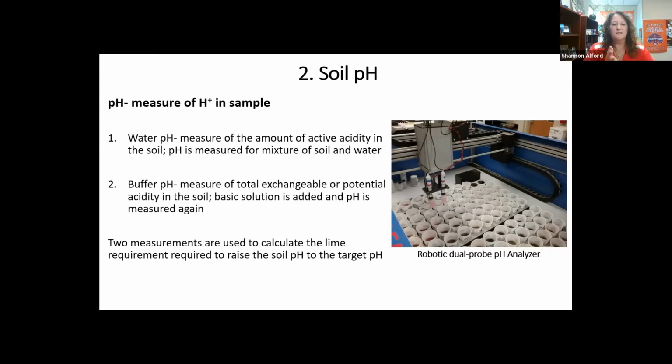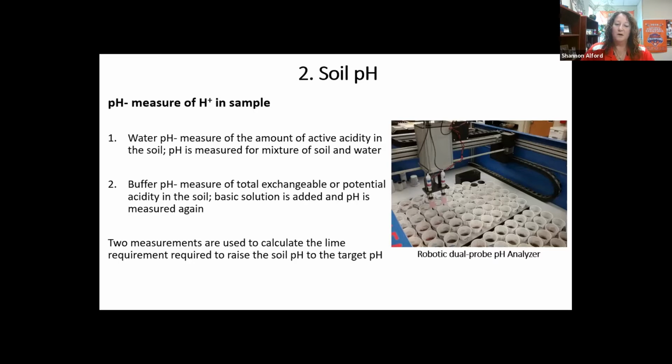That gives us an idea of the potential acidity in the soil, meaning: here's your water pH, here's your soil, here's how it acts with just water. But if we add lime to it, are we going to be able to bring that pH up? Is it going to resist change to pH, because that tells us something about your soil characteristics, or is it going to be easy to adjust?